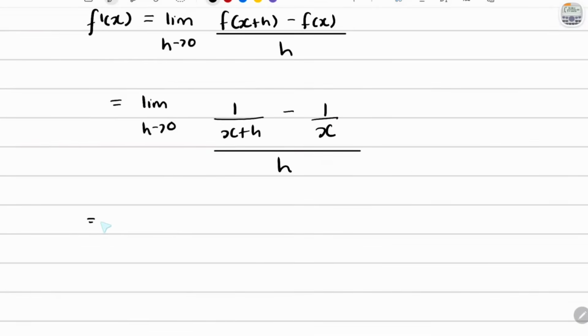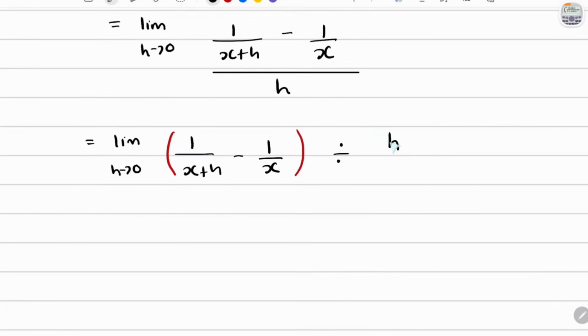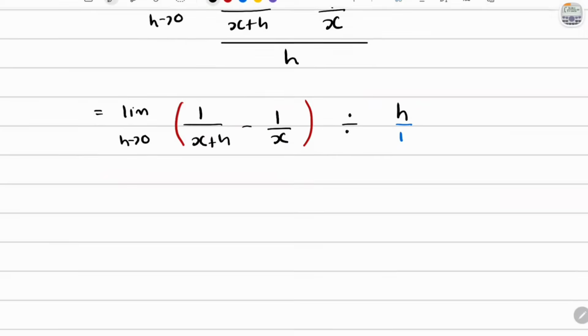Now, this looks quite complicated, and you don't have to write it like that. What you can do is the numerator, write that as one term. So I'm going to leave that as 1 over x plus h minus 1 over x. And then I'm dividing by h. Since these are fractions and this is not a fraction, we can make it a fraction by putting it over 1.